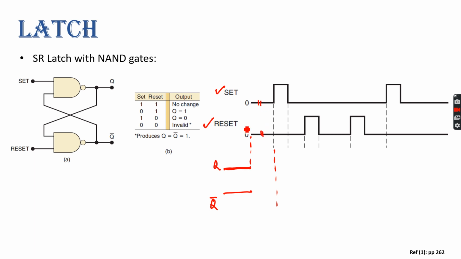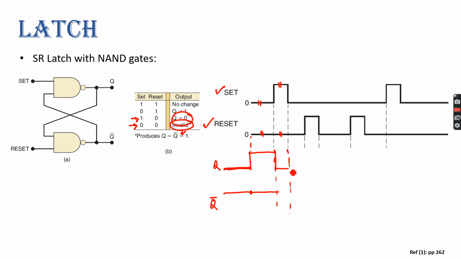So now for this part S is 0 and R is 0. If both are 0, what will be the condition? Both will be 1, right? So Q will go to 1, and Q bar was previously 1, so it will retain its state. Now up to this part, set value is 1, reset value is 0. So 1 0 gives you output 0, right?